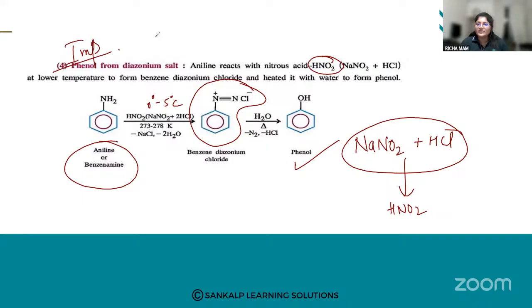Then the classification of alcohols and phenols, the structure of their functional groups, and the IUPAC nomenclature. Then we started the methods of preparation of alcohols, and completed the methods of preparation of phenols.